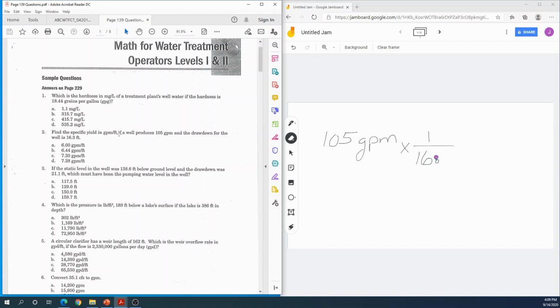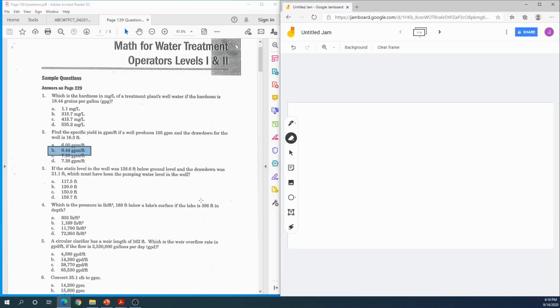If we divide by 16.3 feet, we're going to get a solution that is in gallons per minute per foot. So we get 105 divided by 16.3 is equal to 6.44. Again, our units are gallons per minute per foot. Looking over here, B is 6.44 gallons per minute per foot. So we're right on there.